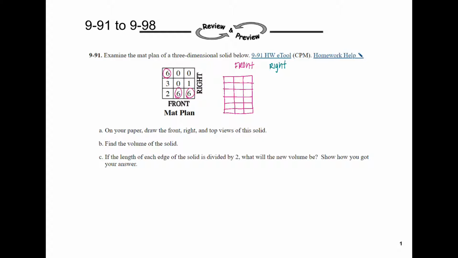I notice that I have 6 is my tallest, and then I have 3 in the middle. So my right view would be 6 on either end, and 3 in the middle.